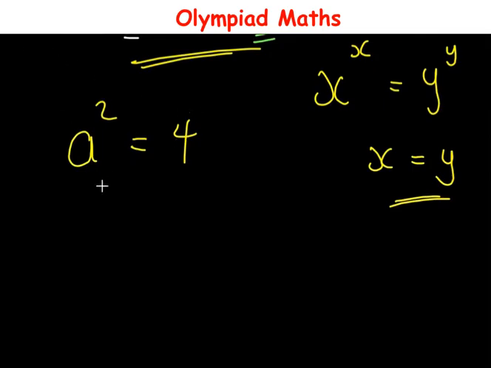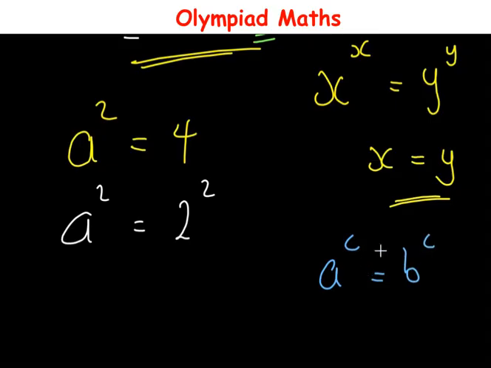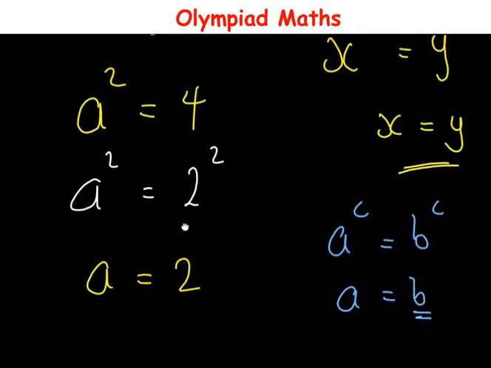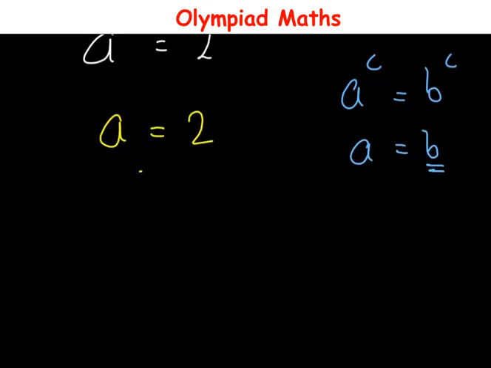So, writing down a raised to power 2, which equals 4, can be written as 2 squared, such that once you apply this rule, that if you have a raised to power c equals b raised to power c, the same powers, simply a is equal to b. So right here, we have the same powers, power of 2, so a is then equal to 2. With this, we have gotten the solution of a.